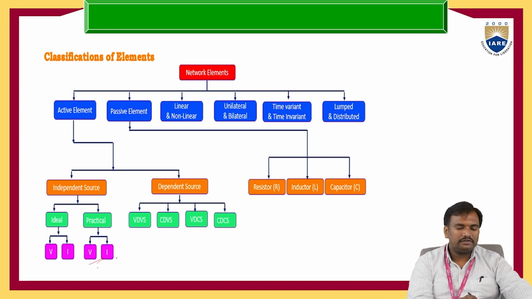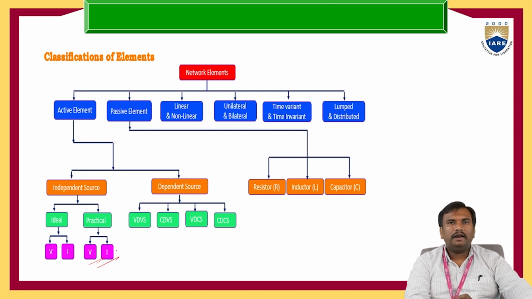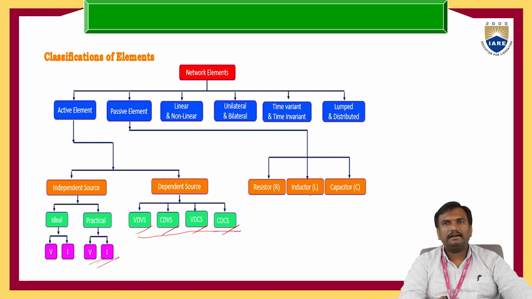In dependent sources, we have four different classifications: voltage dependent voltage source, current dependent voltage source, voltage dependent current source, and current dependent current source. And the passive elements are classified into three types: resistor, inductor, and capacitor.